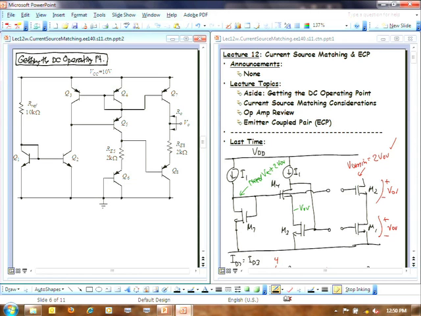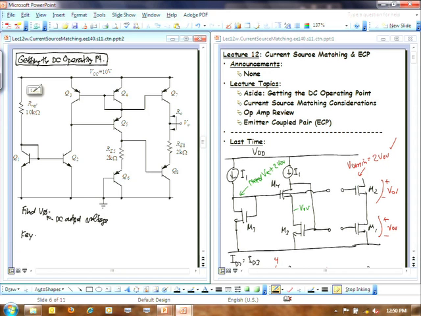So say I wanted to find out what V0 was. And that's the DC operating point, the DC output voltage. How would you go about doing that? What's the key to doing that for a circuit of almost any complexity here?